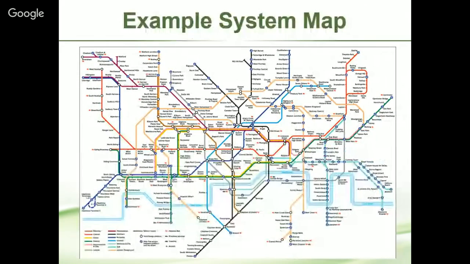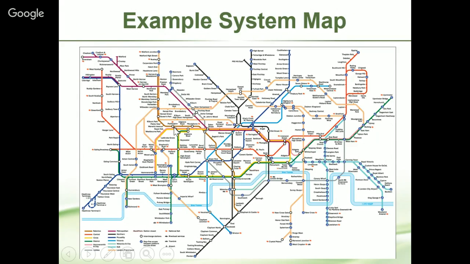So here's a system map example that I said I would show you. This is a map of the London subway system, the London Underground. This doesn't have anything to do with computers, but it does have to do with a complex series of systems that are interrelated. So here you can see where there are connections.